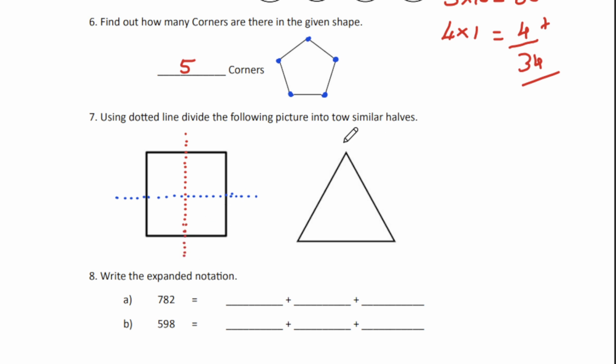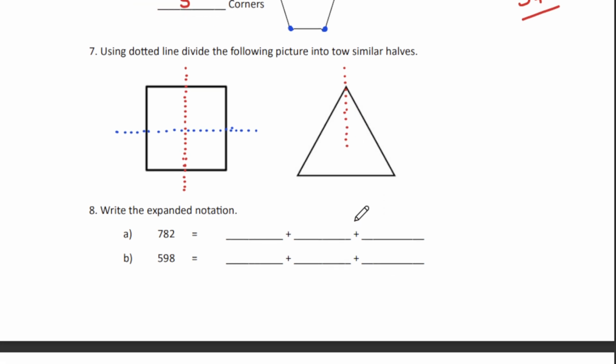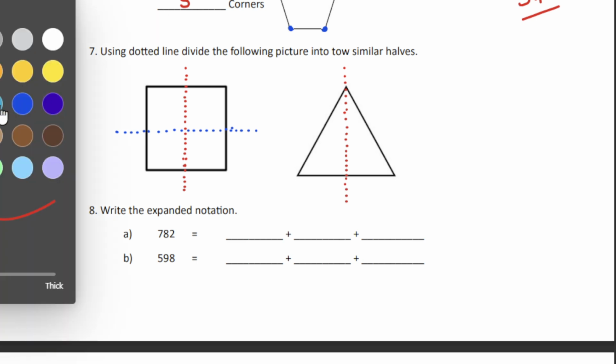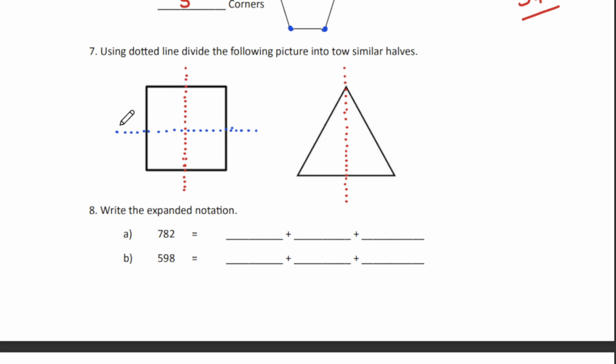Okay, again triangle, you have to draw a dotted line which makes the triangle into two equal halves. Okay, so I'll change the color and I'll show you. So I've made a center line here, so this one is the first half. Okay, and this one is the second half.